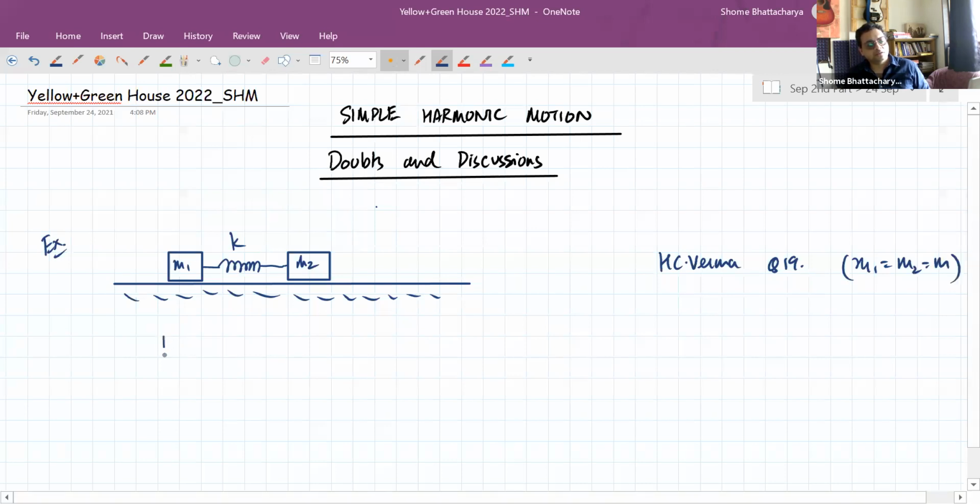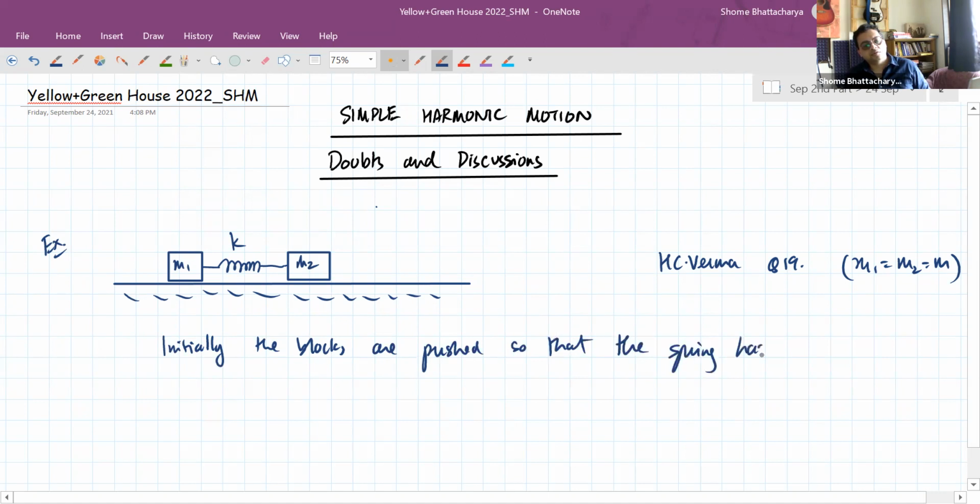Now initially the blocks are pushed so that the spring has some compression, let's say X0, and then released from rest.